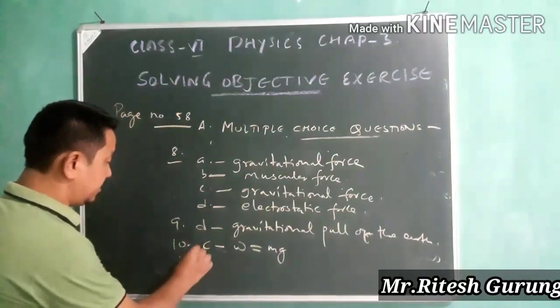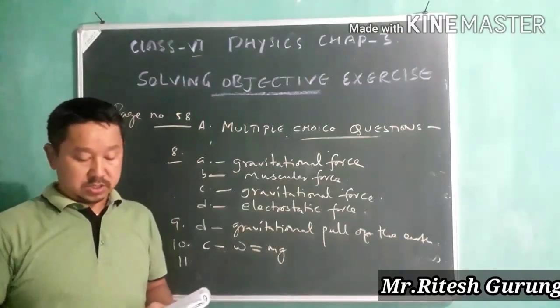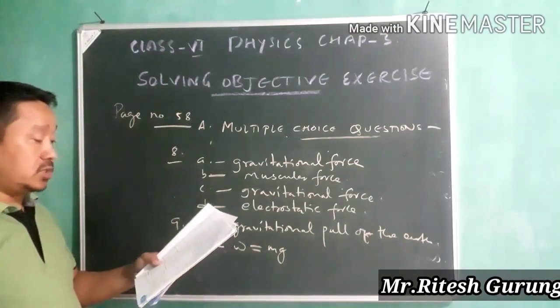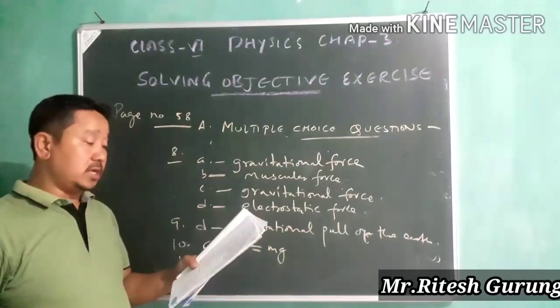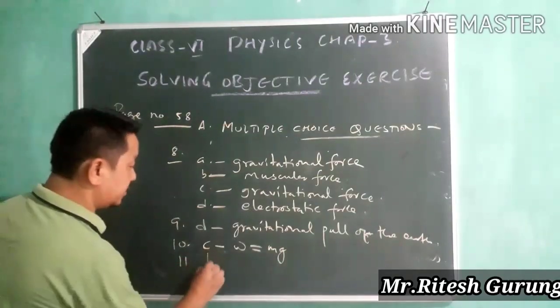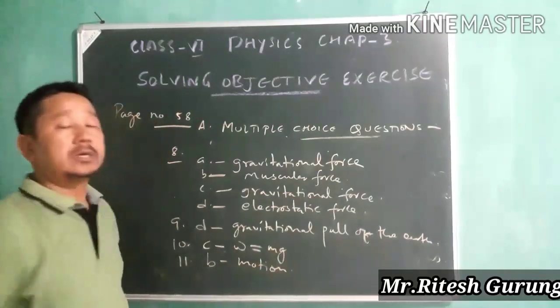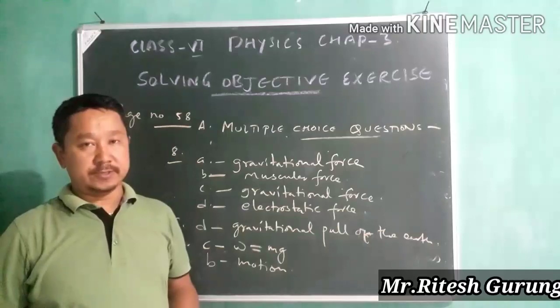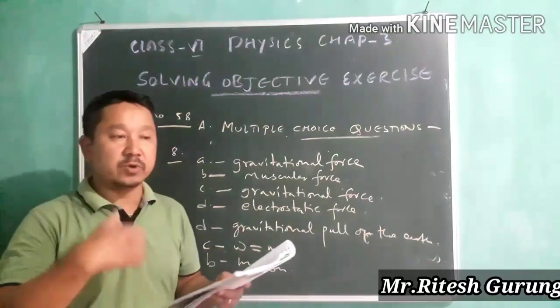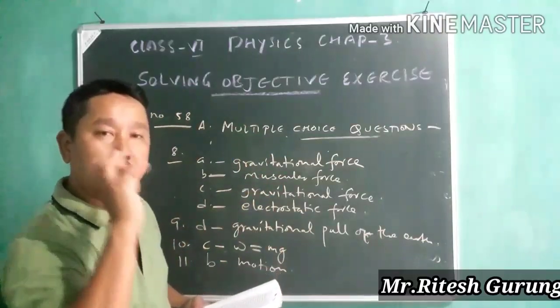Then number 11, we have friction always opposes what? It always opposes not weight, not mass, and not even pressure. So it is option number B, that is motion. Friction always opposes motion. When you try to move forward, something from the other side will always oppose you.